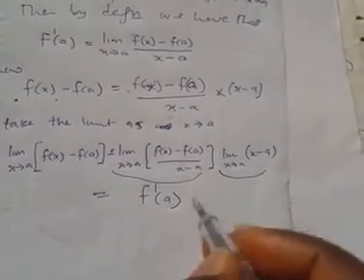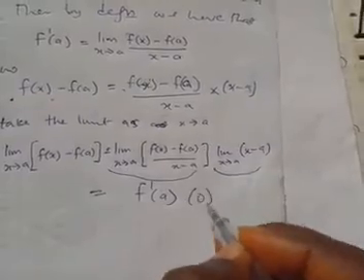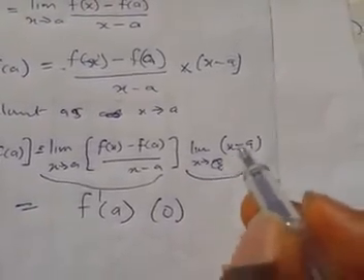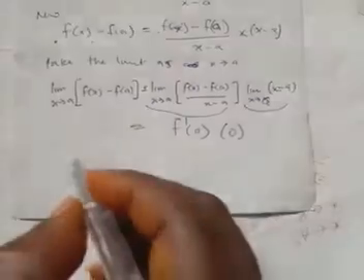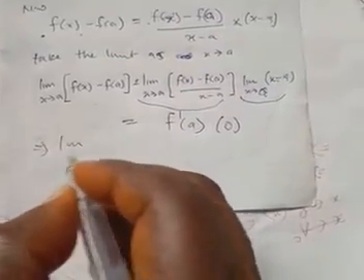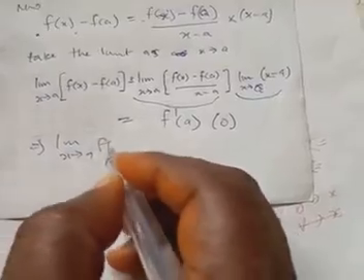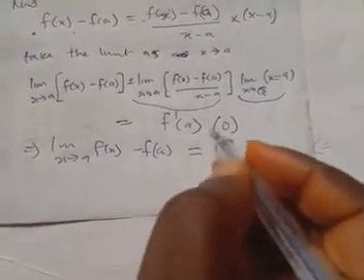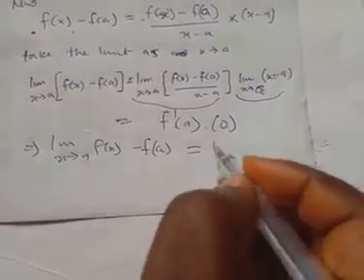This one will become 0, that is, if you put x to be a, this will become a minus a, that is 0. So the limit of f of x minus f of a is equal to this times 0, which gives 0.